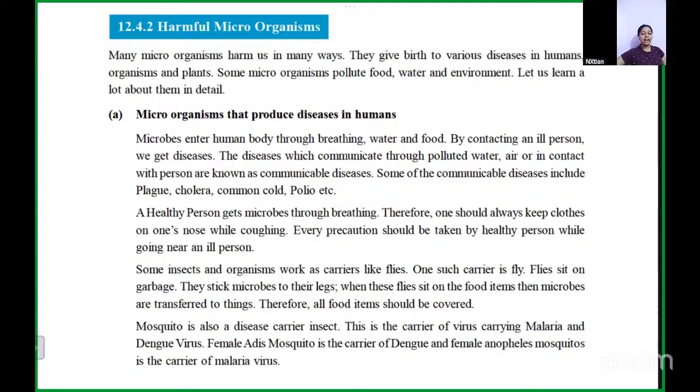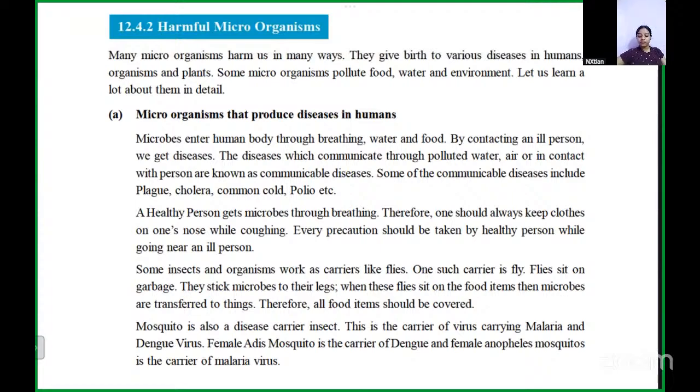Microbes get attached on their legs, and after sitting on garbage and all the dirty things and waste, when they sit on the food that we are eating, the microbes get transferred to the food, and when we consume the food, it enters the body and makes us sick.